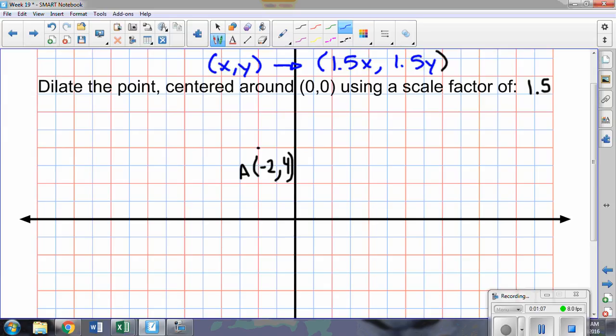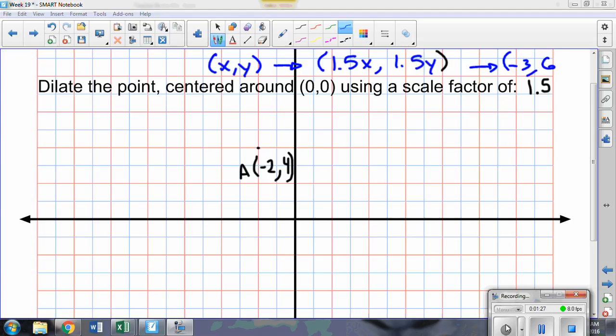So we'll take -2 times 1.5, and we will take 4 times 1.5. When we multiplied those two numbers by 1.5, -2 gets moved to -3, and 4 gets moved to 6. So we'll just plot that point and say 3 to the right, up 6.